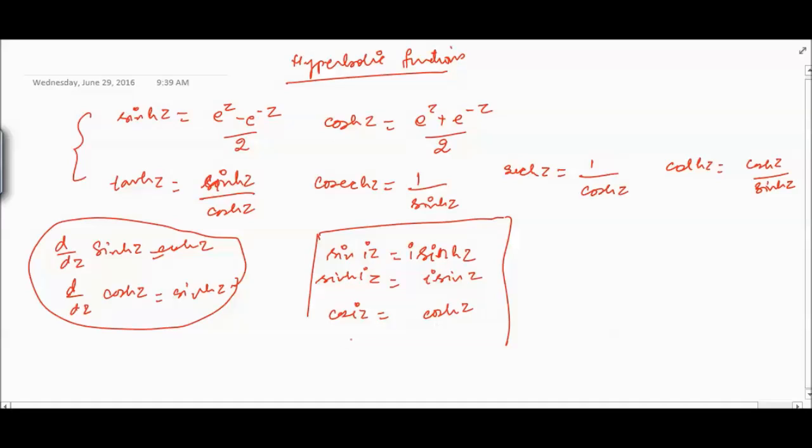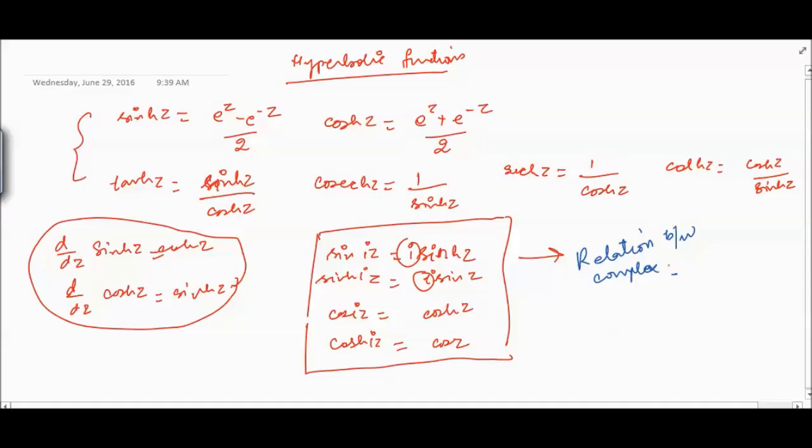And then you have cos hyperbolic of iota z is equal to cos z. So you can see that in case of sine, iota is coming out, and in case of cos, iota is not coming out. So this is the relation between complex trigonometric functions and complex hyperbolic functions, right? These are the relations we have.